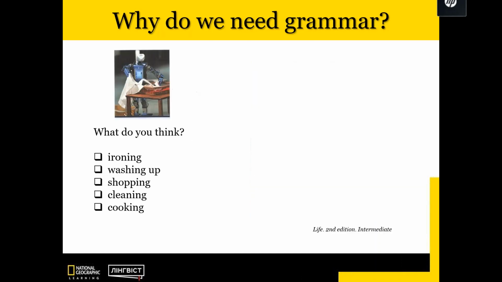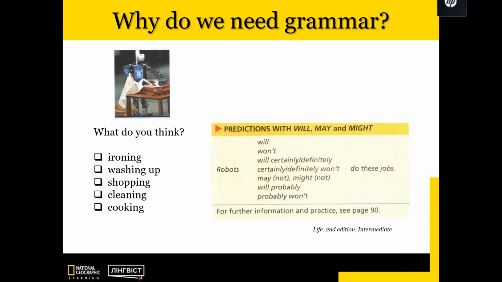And after that, for example, you can collect the ideas, write their ideas, or the most popular ideas, on the board, and together with them make some predictions, like robots will do ironing, robots certainly do cleaning, right?